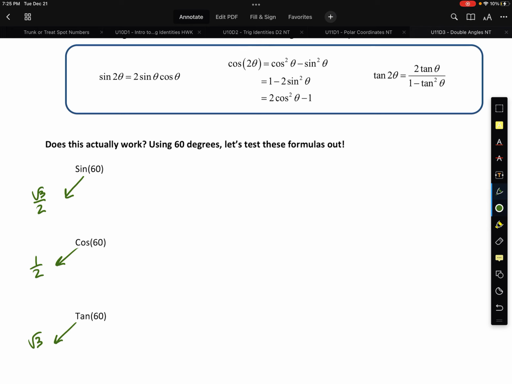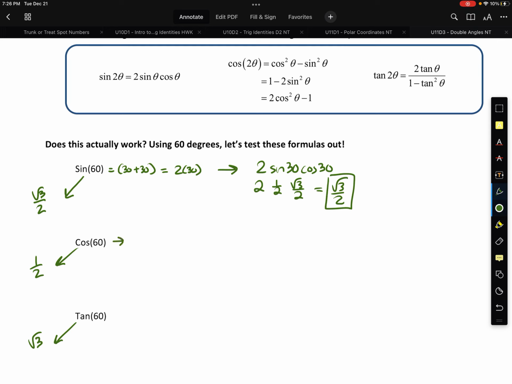The key idea is that this is 30 plus 30, or 2 times 30. So when we do the work for this formula, we're using 30 degrees. 2 sine 30 cos 30: sine of 30 degrees is 1/2, cos 30 is rad 3 over 2. 2 times 1/2 is 1. This equals rad 3 over 2. So it does work there.